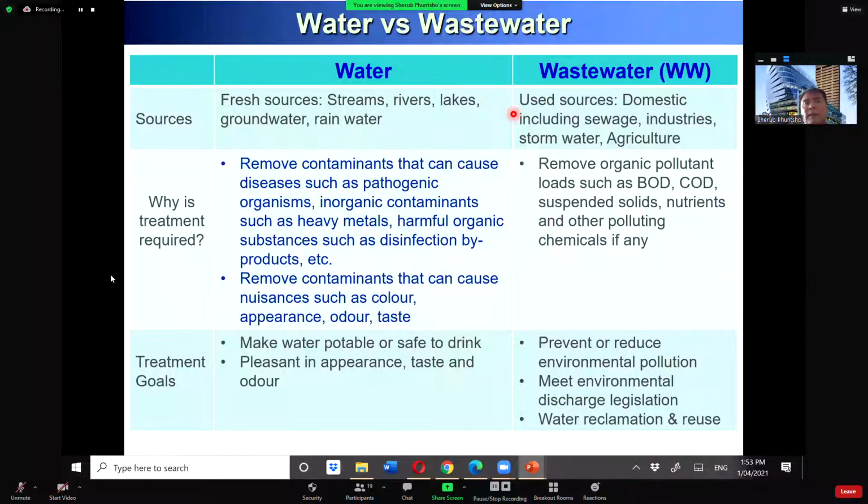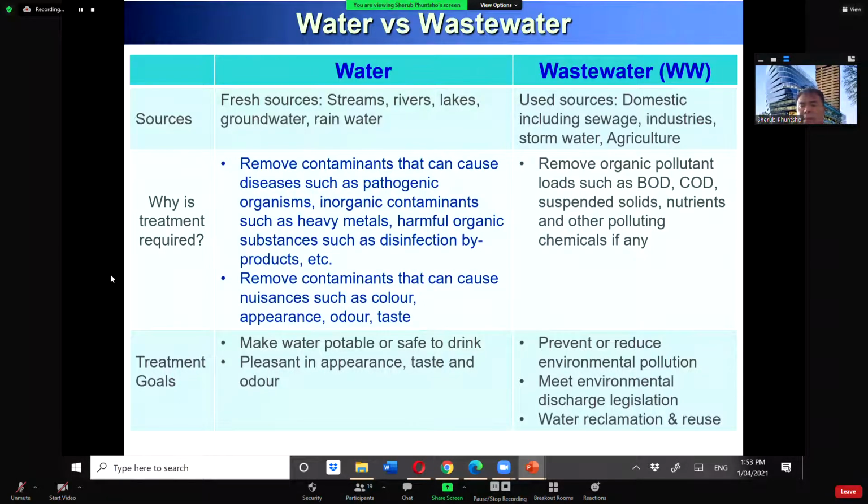But the wastewater treatment is basically to remove all the pollutants that are present. So many sorts of different pollutants. Especially when you talk about the wastewater, it is the biological oxygen demand, or COD, suspended solids. This is basically part of the organic matter that is present. So this has to be reduced.